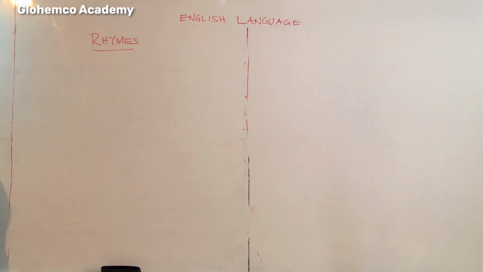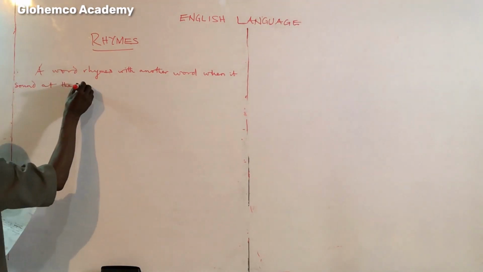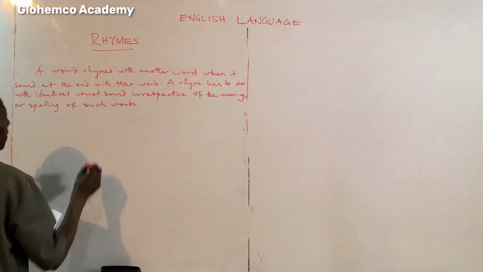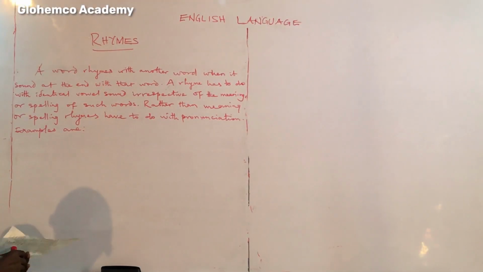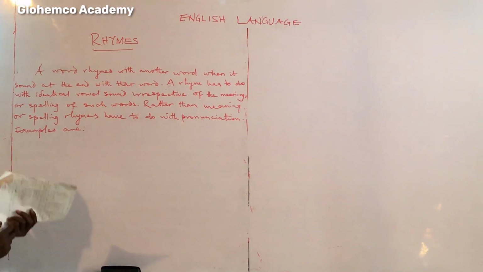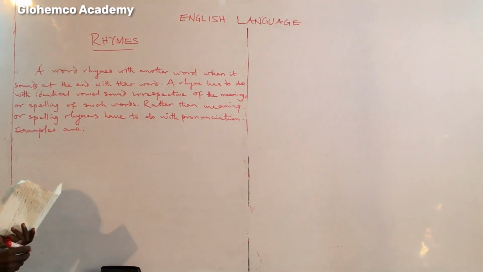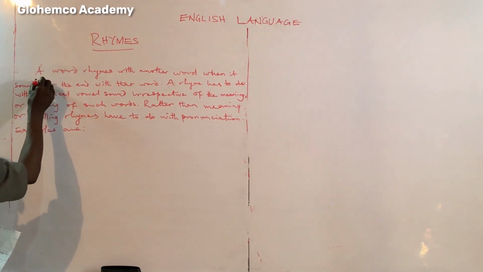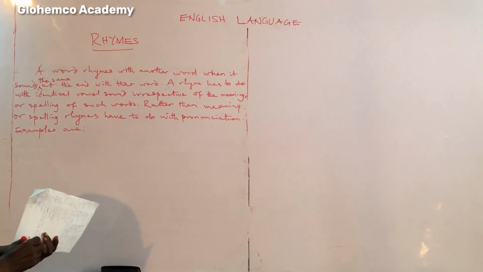Let me jot something down for you. So the word rhymes with another word when it sounds the same at the end with that word.